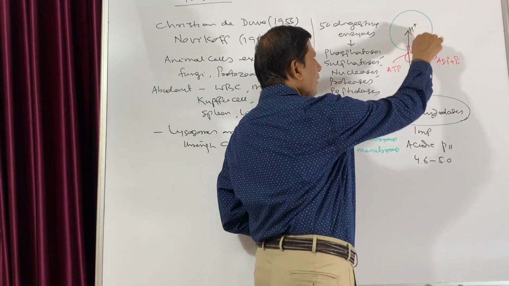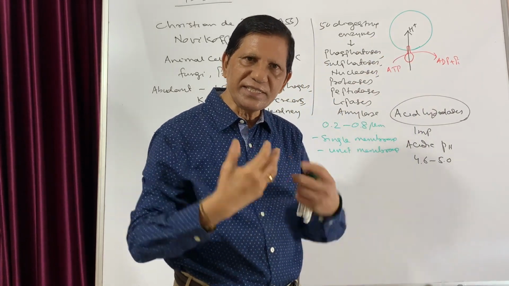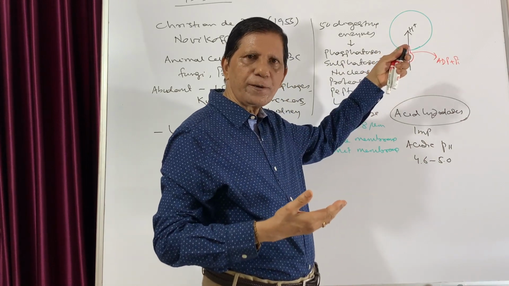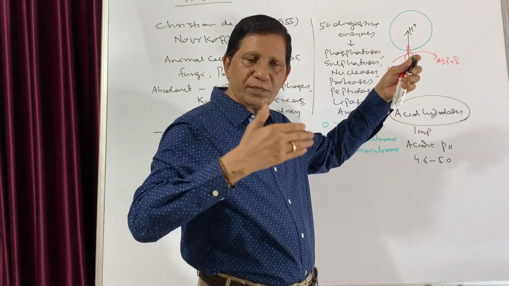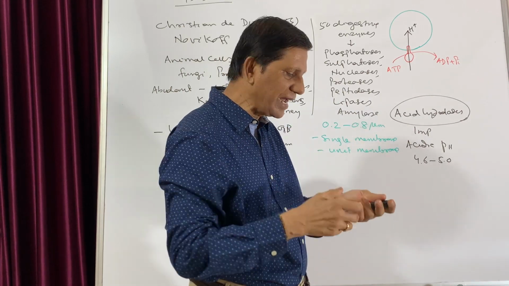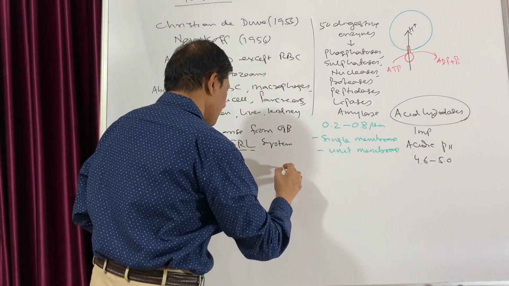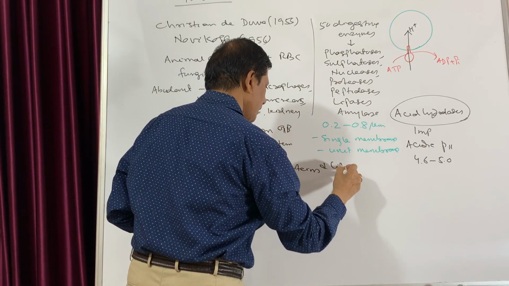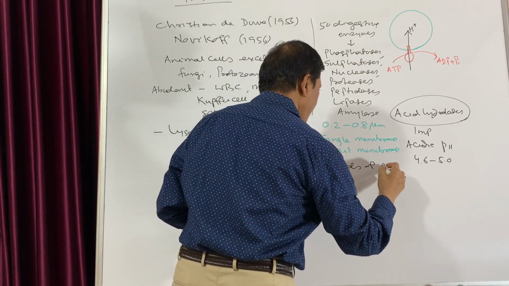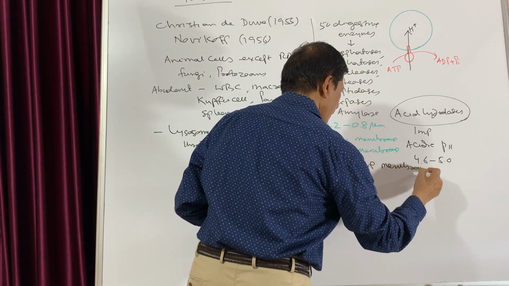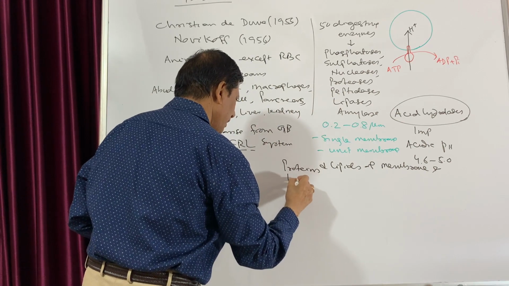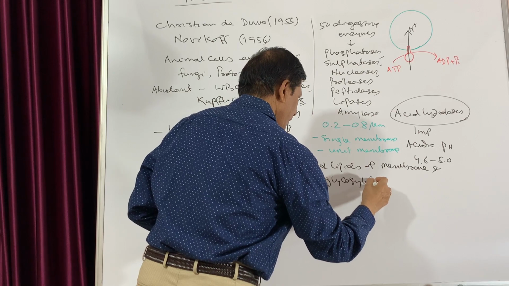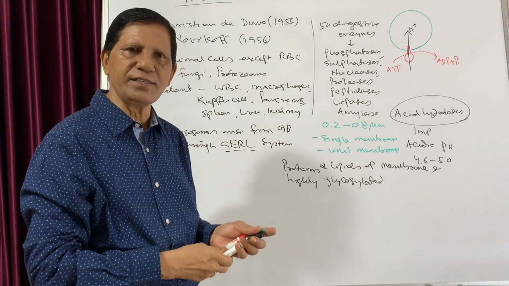Usually this unit membrane which is present in the lysosome protects itself from the internal enzymes, because its proteins and lipids are highly glycosylated. That is why the enzymes cannot digest it.